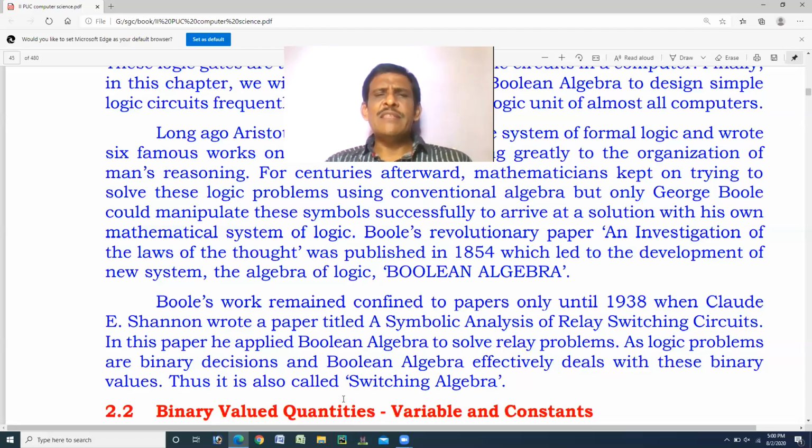That's why another name for Boolean algebra is switching algebra. Nowadays, it is the backbone of the electronic industries and of computers.